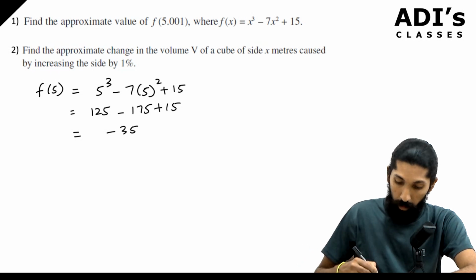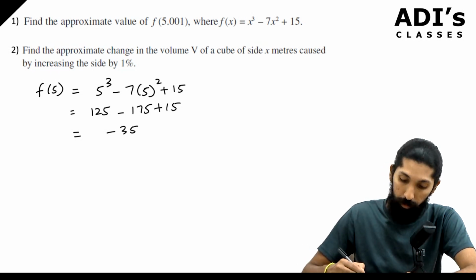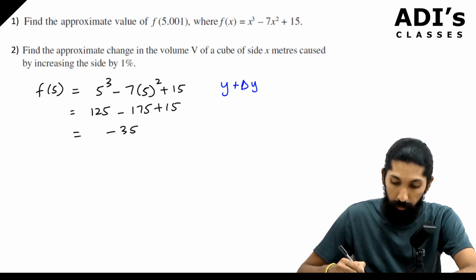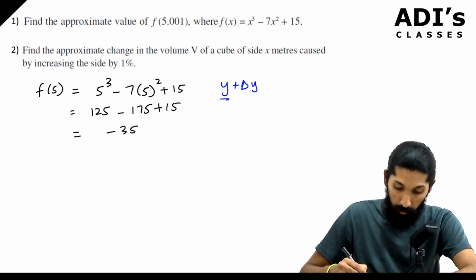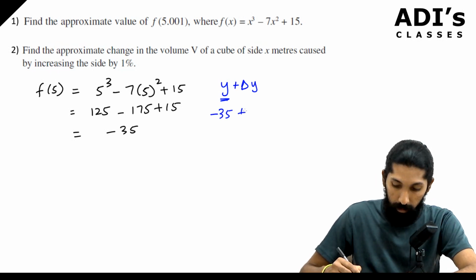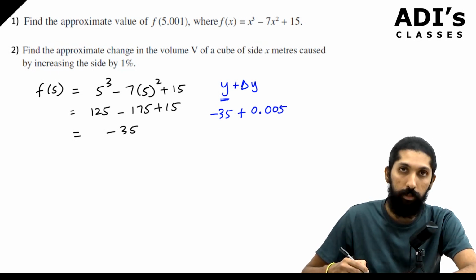Right? Now, the formula here I'm going to write. So y plus delta y, this is what we need, the approximated value. Y is nothing but minus 35. Correct? And delta y we have calculated as 0.005. So we'll take both of them together.